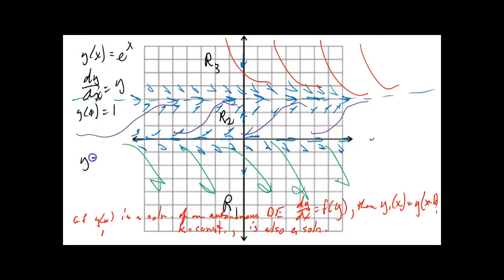Y is equal to e to the x minus 5, I think is what they use here. Yeah, x minus 5 will also be a solution, but that would just have a different initial condition. So the family of solutions would be any horizontally translatable function.